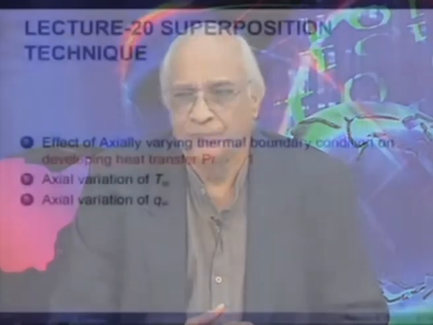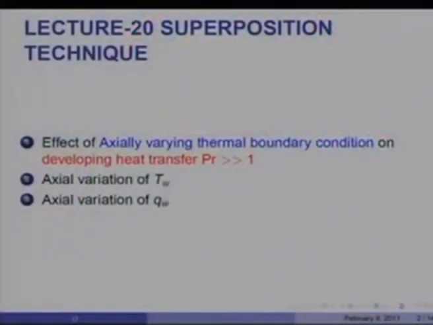Today, I will take up the last lecture on laminar flow heat transfer in ducts. And what I am going to consider is the effect of actually varying thermal boundary condition, which is particularly of interest in oil flows, where the Prandtl number is very large and the thermal development length is considerably bigger than the velocity development length.